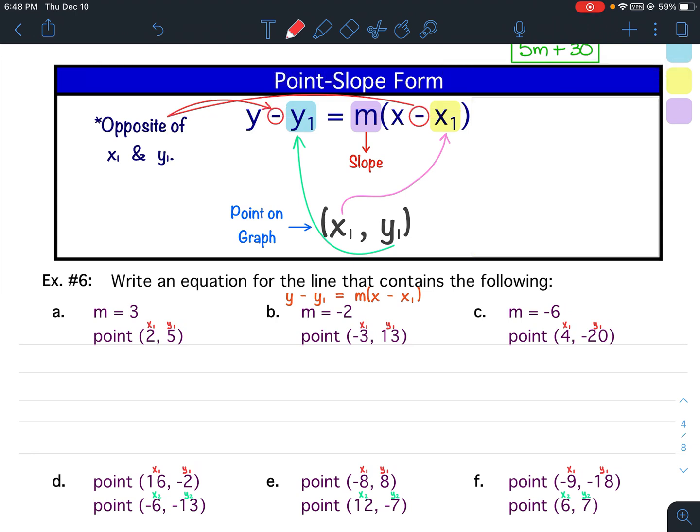So that minus sign means I take the opposite of y1, and this minus sign means I take the opposite of x1. I'll explain more what I mean by that when we start to do the examples. All right, so let's look at an example. First of all, pause your video and make sure you have everything written down.